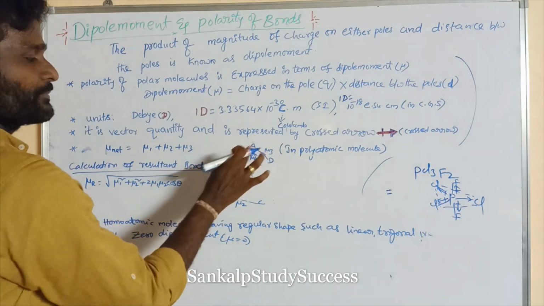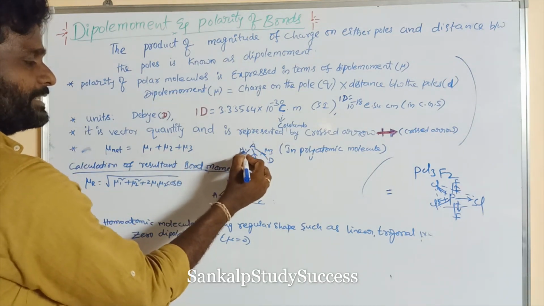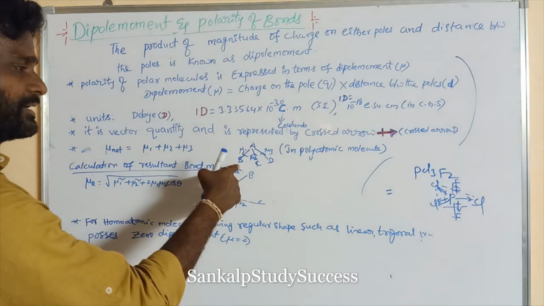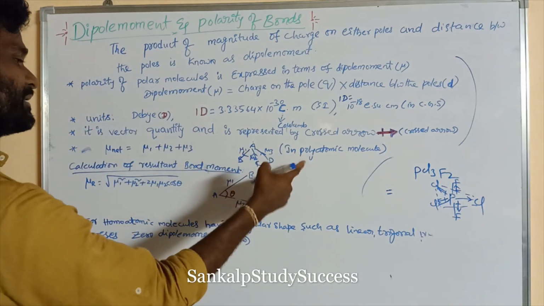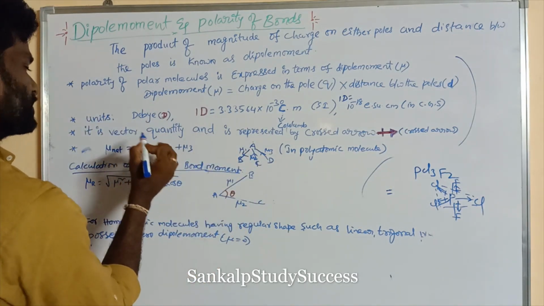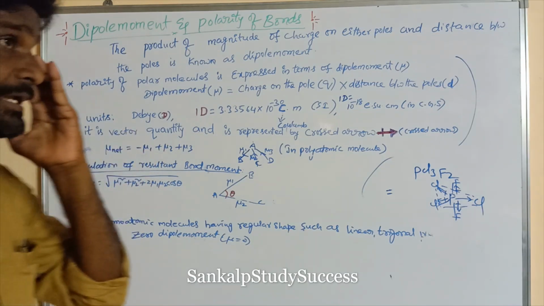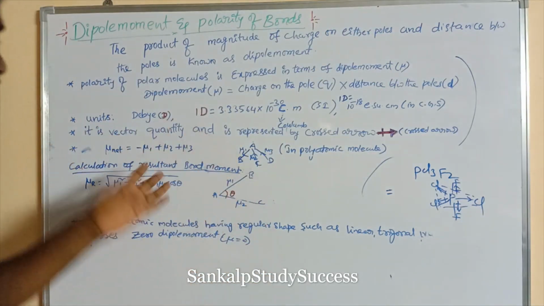Suppose the dipole moment of the A-B bond is towards the B side, this can be taken as negative, and these two can be taken as positive. So that is a vector quantity, having a direction and magnitude.